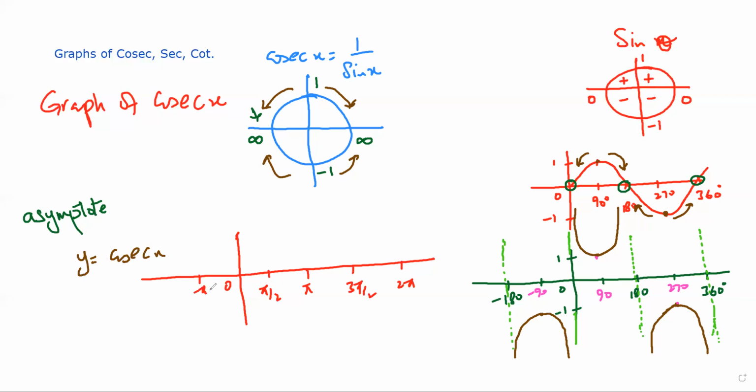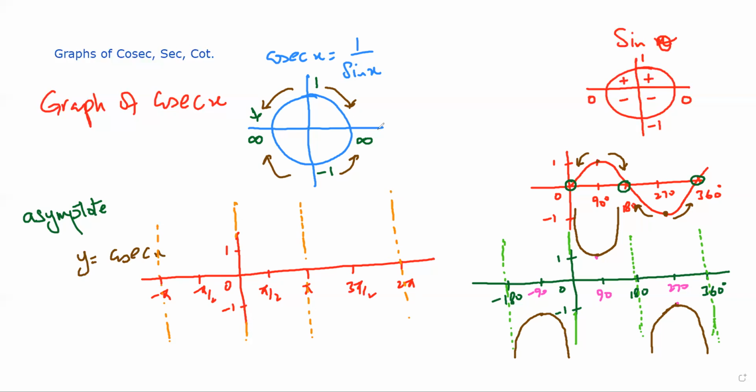You have minus pi by 2 here, here it is minus pi. You have 1 here, you have minus 1 here. And there are my asymptotes over here, another asymptote, and one more asymptote here.